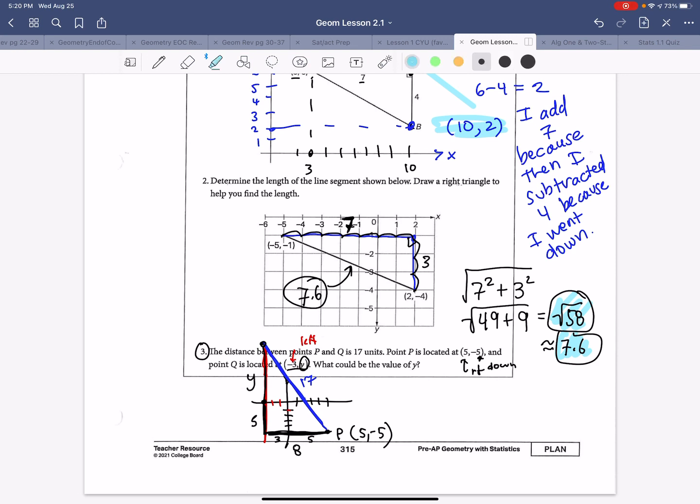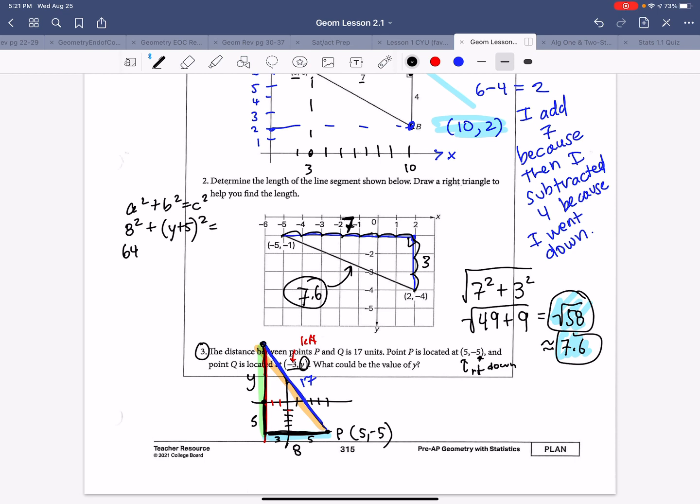We have 3 pieces. One side is 8, one side is y plus 5, and the other side is 17. Okay, so let's do that. So we have a squared plus b squared is c squared. One side is 8. We can do that. Another side is y plus 5 squared.